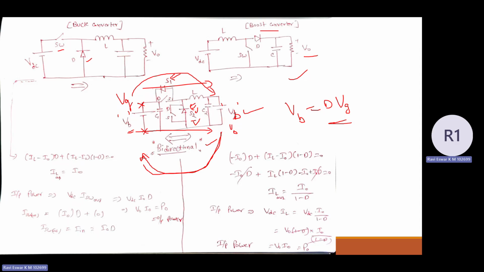This is how the bidirectional converter operates. If you want to have power transfer from the battery to grid, power transfer can be done while operating the converter in the boost mode. Again, if you want to have power transfer from the grid to battery, yes, it can be done from left to right while doing the buck action, operating S1 as a prime switch.